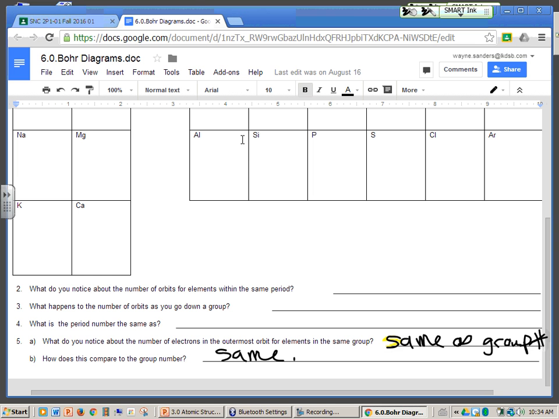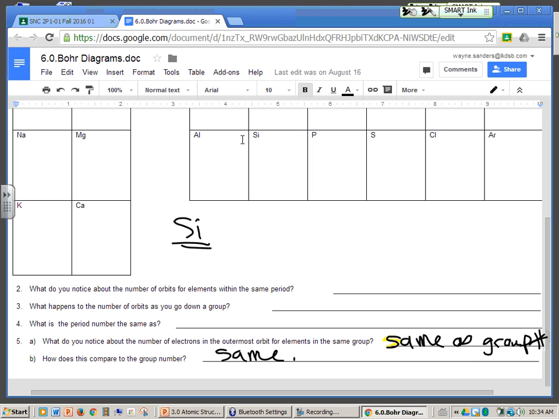So when you draw your Bohr diagram, if I give you something like silicon and ask you to write the Bohr diagram, you can tell exactly how many orbits you need and how many are going to be in the outer orbit based on that number.